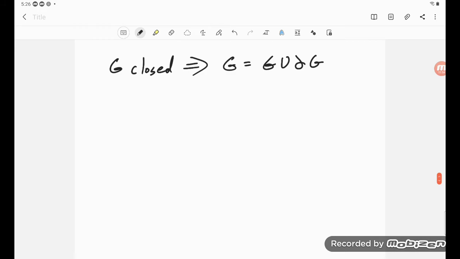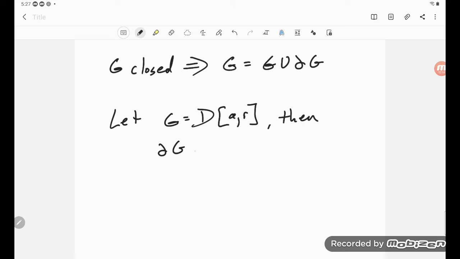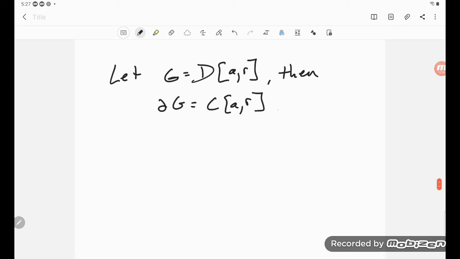And so, for instance, they mention that if we let G equal the open disk D(A, R), then the boundary of G is equal to C(A, R), the circle going around that open set, and the closure of G is, well, I'm not going to put that equal sign there.